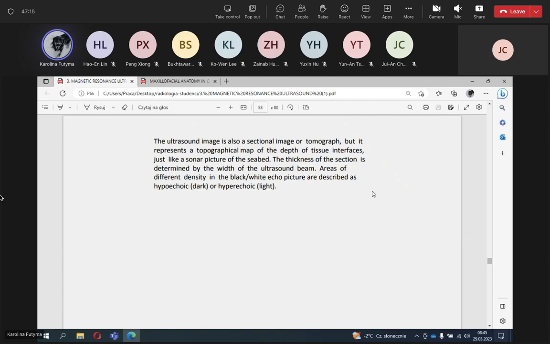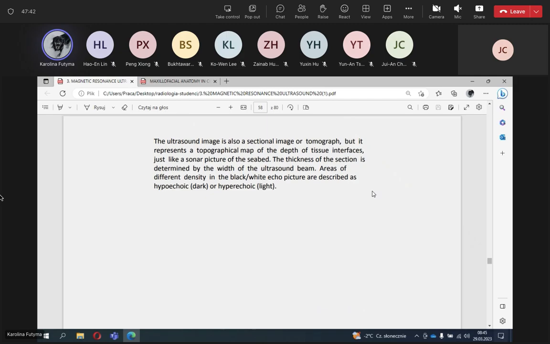The ultrasound image is also a sectional image or tomograph, but it represents a topographical map of the depth of tissue interfaces, just like a sonar picture of the seabed. The thickness of the section is determined by the width of the ultrasound beam. Areas of different density in the black-white echo picture are described as hypoechoic or hyperechoic.